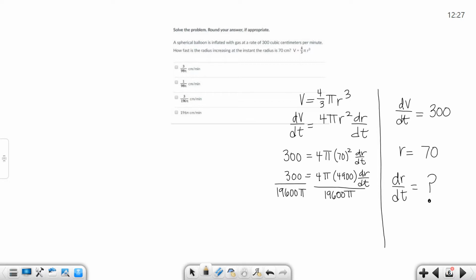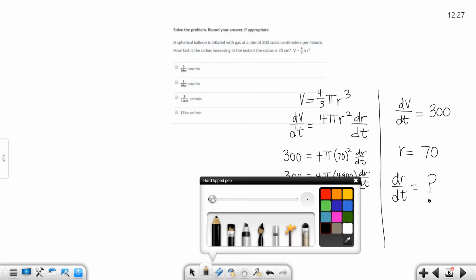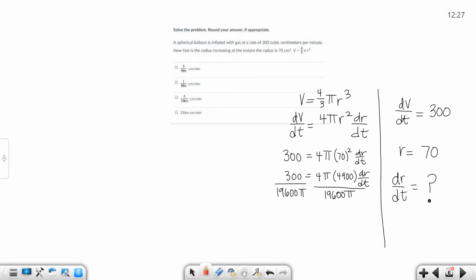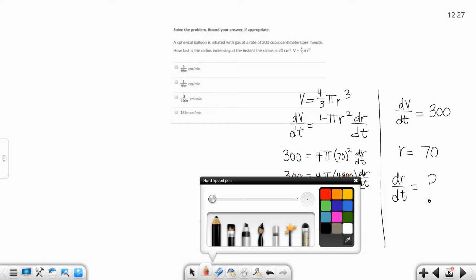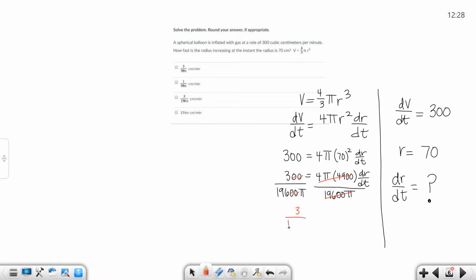When you write it, be very careful that the pi stays on the bottom. You'll say, where'd you get the 19,600? If you multiplied 4,900 times 4, you get 19,600. Okay, so when you get ready to work this one, the 19,600 pi cancels out. You can reduce this. And so what you're going to get is 3 over 196 pi equals dr/dt. And that's how it would work.